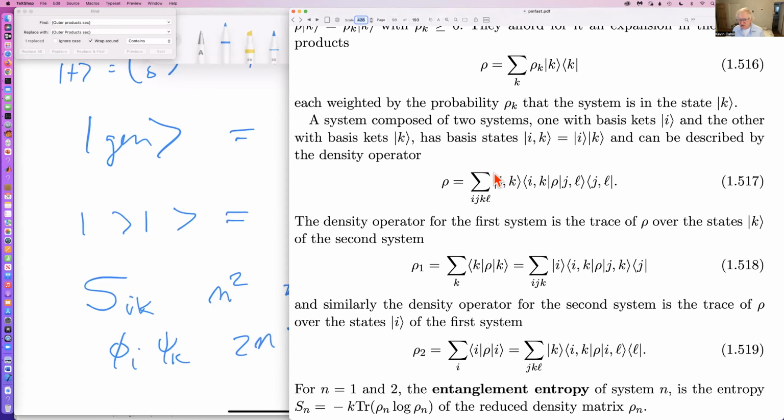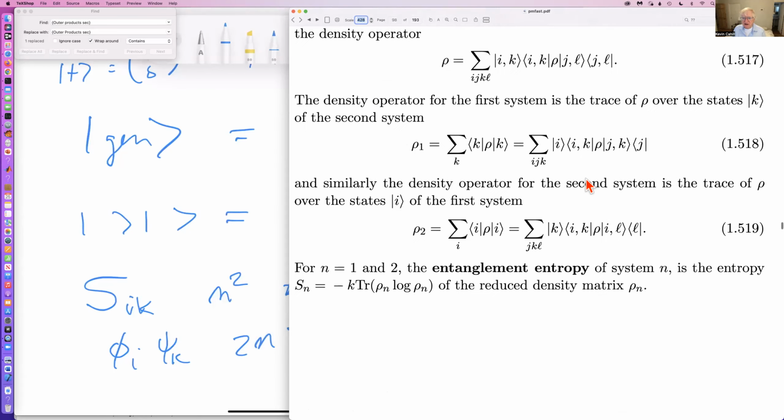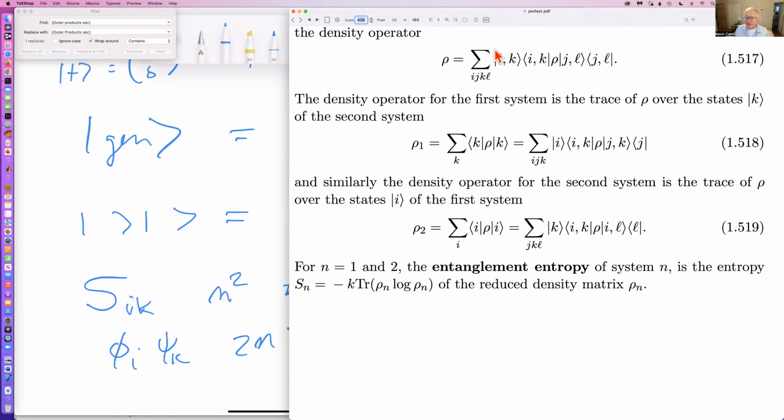And if you're composed of two systems, it looks like this. And what you can then do is talk about the reduced density matrix. So you can trace over the second system, say you trace over the K states. When you do that, what you've got left is just the A_IJ.